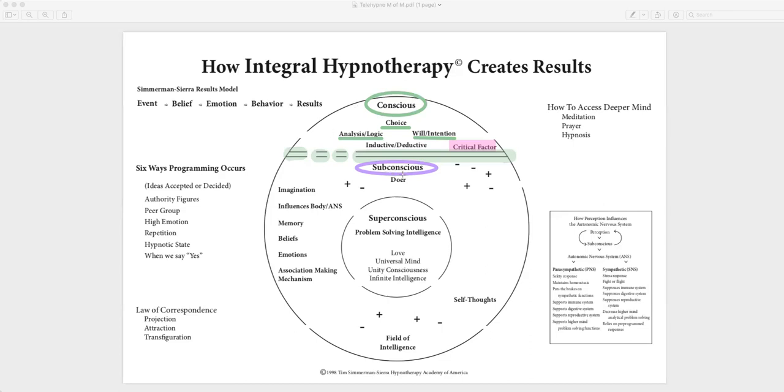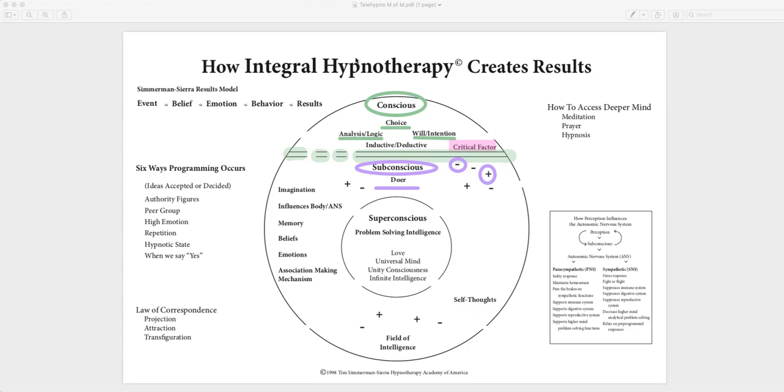Now being in the subconscious mind, the subconscious is the great doer. This is where everything is placed, positive or negative. These are our positives. These are our negatives. You see that? This is everything that is programmed.